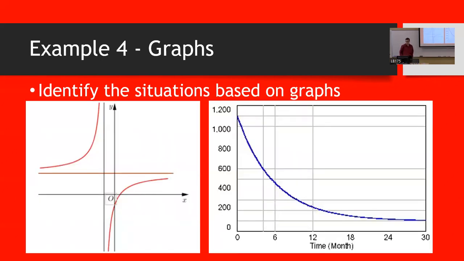Let's look at one more of those. We've got pairs of graphs here. On the left, we have, again, that classical plus sign. On one side, we're approaching two parts of the plus sign.